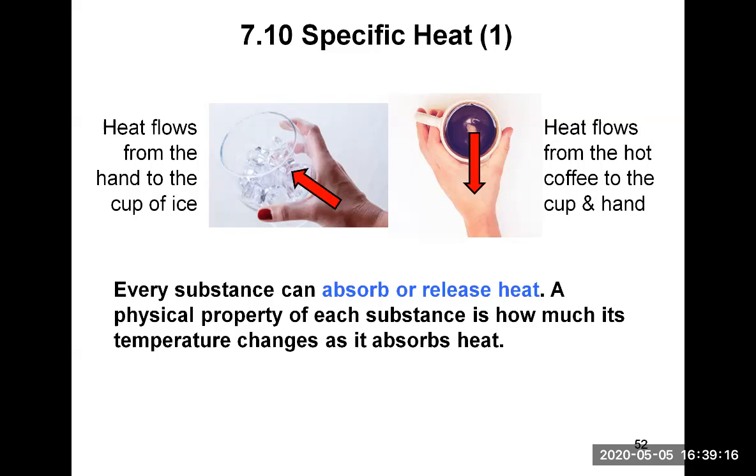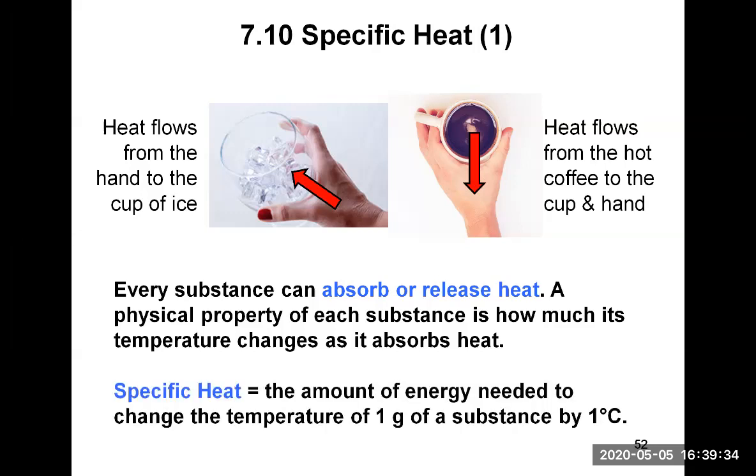So this is an example that every substance can absorb or release heat. And a physical property of each substance is how much its temperature changes as it absorbs heat. And the property we use for that is called specific heat.